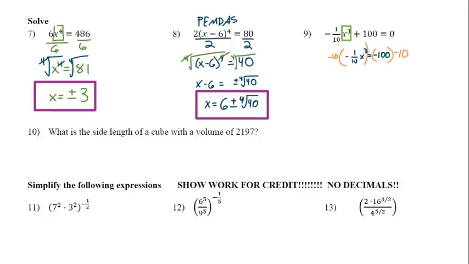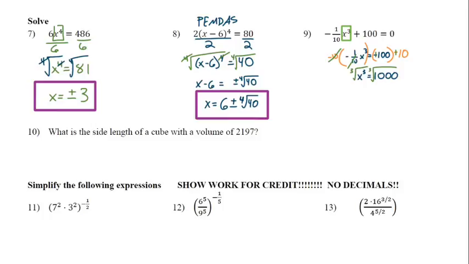Which is a multiply, not a minus. Anyways, so here we go. The negatives cancel out, because negative times negative is positive. So we get x cubed equals 100 times 10, which is 1,000. The last thing to do to get rid of a cube is to cube root it.